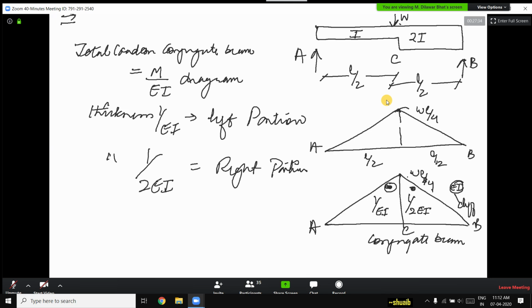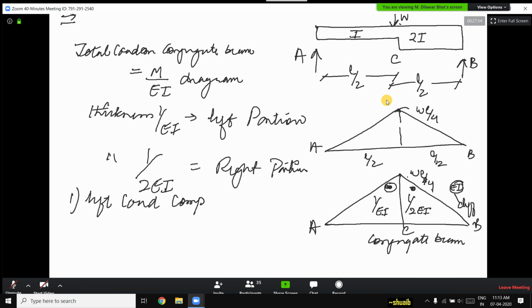We have two thicknesses for two triangles. Now, let's find out what happens with the left triangle or left load component.